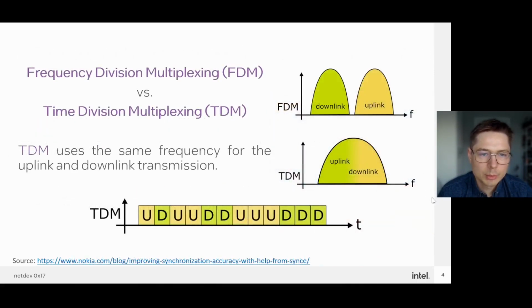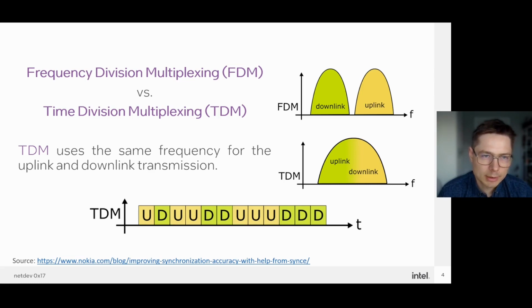So what is so different from the previous generations that we require better and better synchronization? 4G in most real-life implementations uses frequency division multiplexing. That means that the uplink and downlink are transmitted in different channels or bands. Next generations of networks lean more and more towards time division multiplexing, which means that the uplink and downlink use the same bandwidth and the time is split between the two.